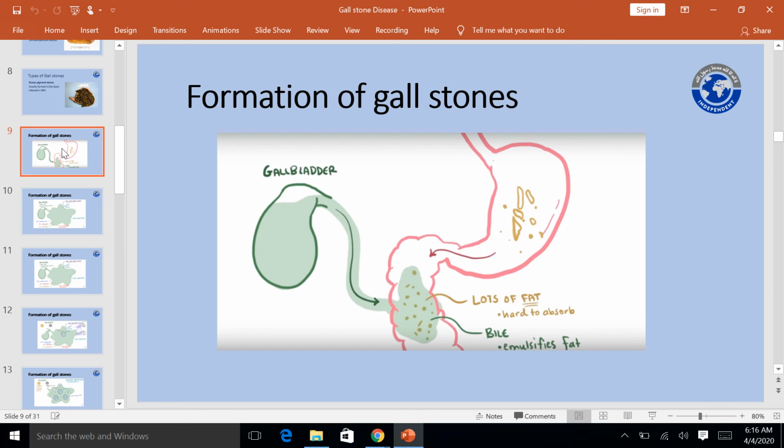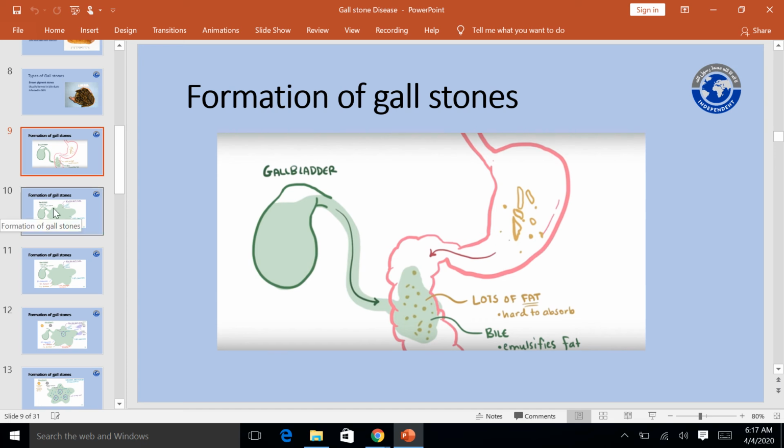The fatty food comes into the stomach, and then it goes into the duodenum, and that stimulates the gallbladder to push the bile into the duodenum, and this bile helps in the absorption of fat by forming micelles, which are circular structures in which the cholesterol is the center, and it is surrounded by phospholipids and bile salts. These are called micelles. These help in the absorption of the cholesterol into the bloodstream.